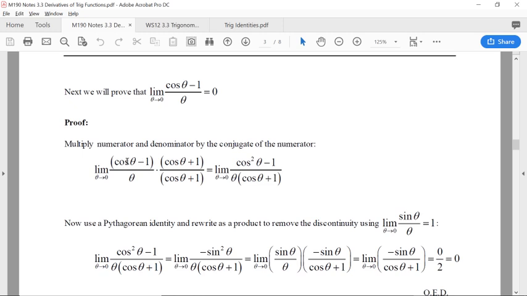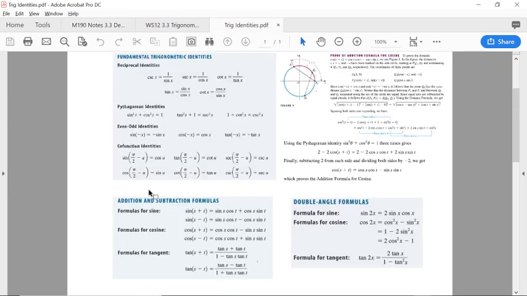If we have differences of squares with trigonometric functions, they are useful to us because of the Pythagorean identities. So if we multiply in this case by cosine theta plus 1 over cosine theta plus 1, as you see here, you get cosine squared theta minus 1. But cosine squared theta minus 1 is exactly negative sine squared of theta, by the Pythagorean identity right here.